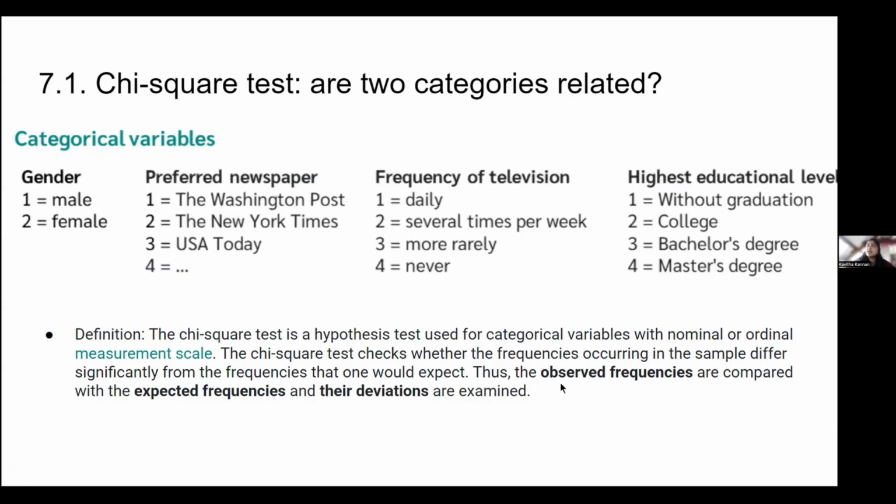So the observed frequencies are compared with the expected frequencies and the deviations are examined, which is to say that before you go on to collect your data, sometimes you have expectations from previous literature.